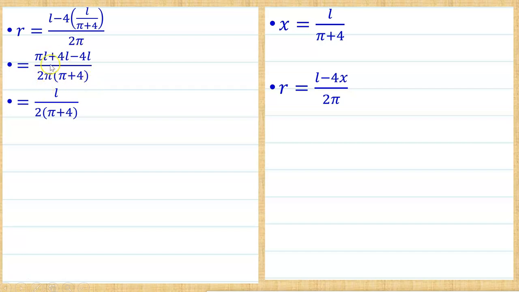Again that pi will get cancelled and here you will get overall l upon 2 in bracket pi plus 4, and that is nothing but r is equal to x upon 2. How is it x upon 2? What is the value of x? x is l upon pi plus 4. That is, l upon pi plus 4 we treated as x, and therefore r is equal to x upon 2.